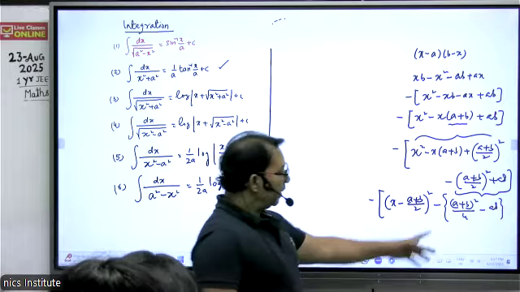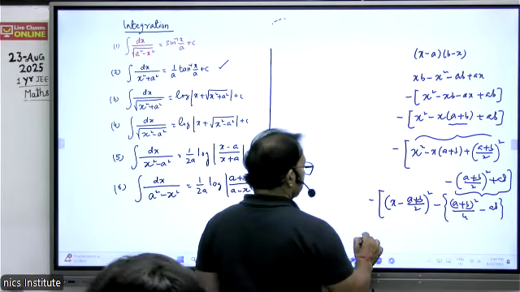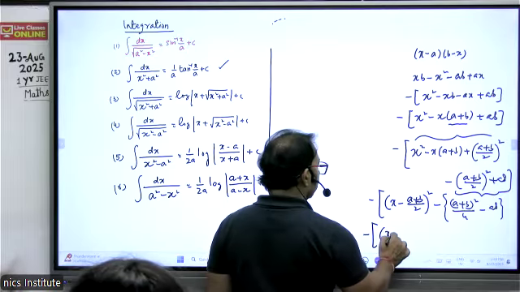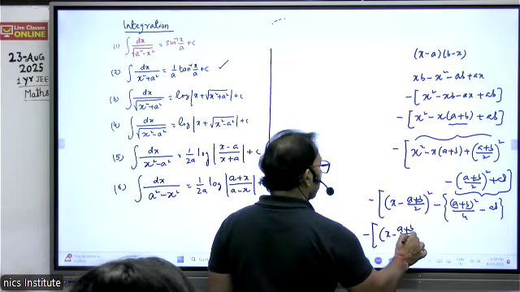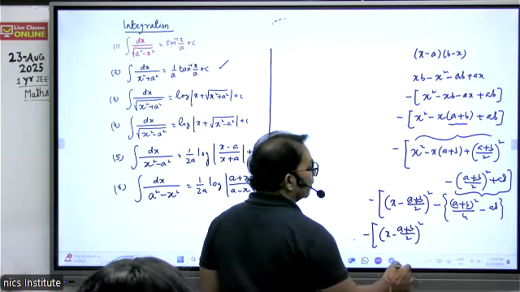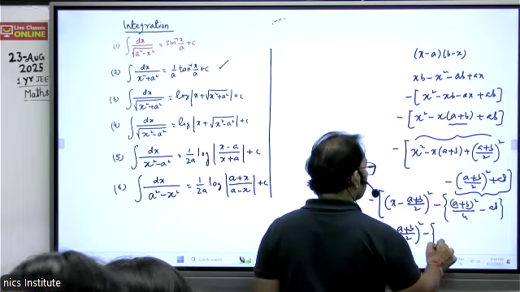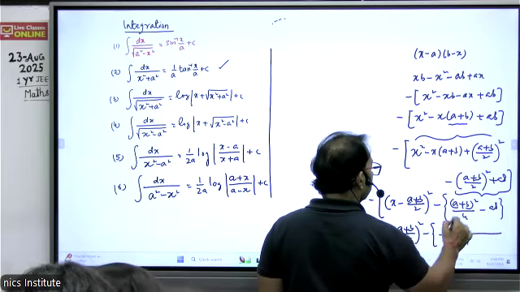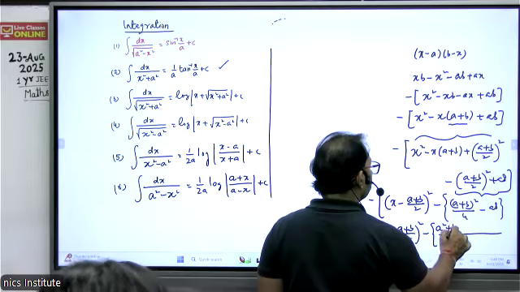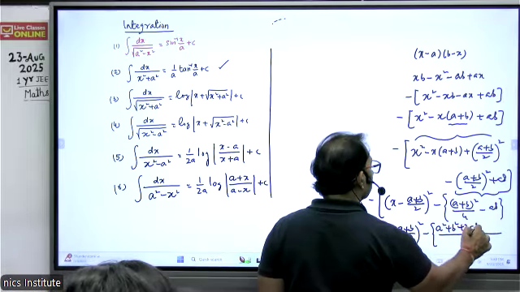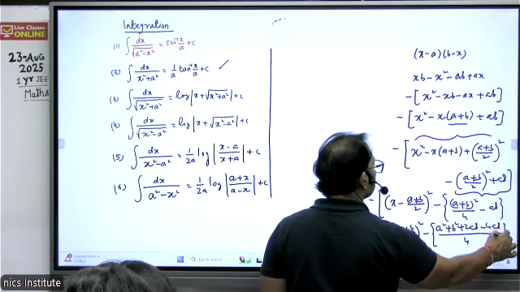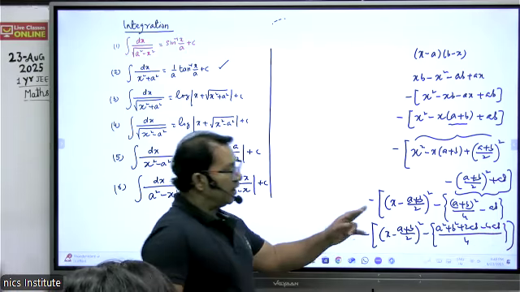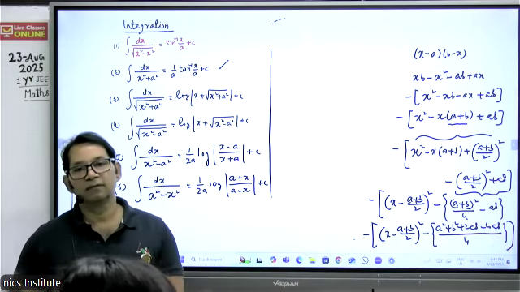People normally will make a mistake over here only. So it is minus x minus a plus b by 2 the whole square. Now you take LCM 4, open this. It is a square plus b square plus 2ab minus 4ab. So this is basically a minus b the whole square.